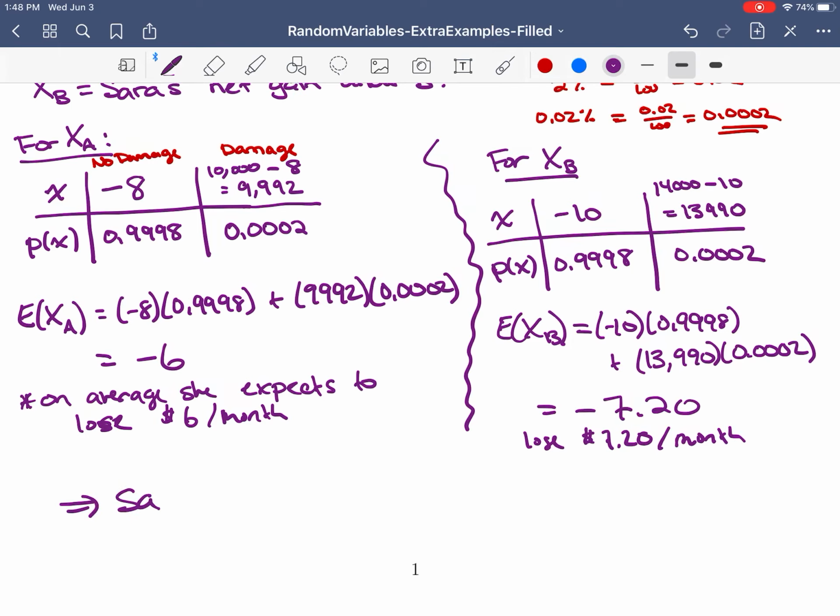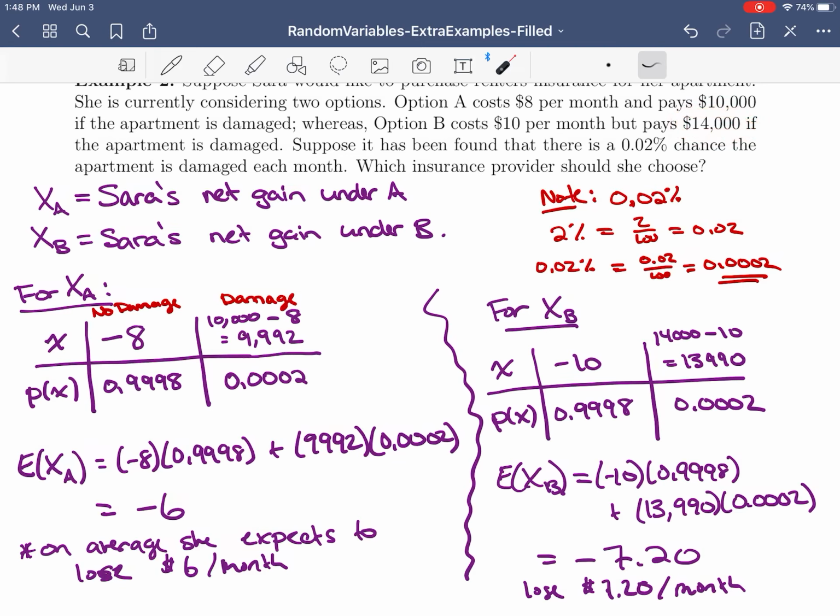So probably Sarah wants to pick A, so that she loses less money on average per month. So even though the payout is bigger in Plan B, because the chances of getting it are so small, it's actually better to pay less each month.